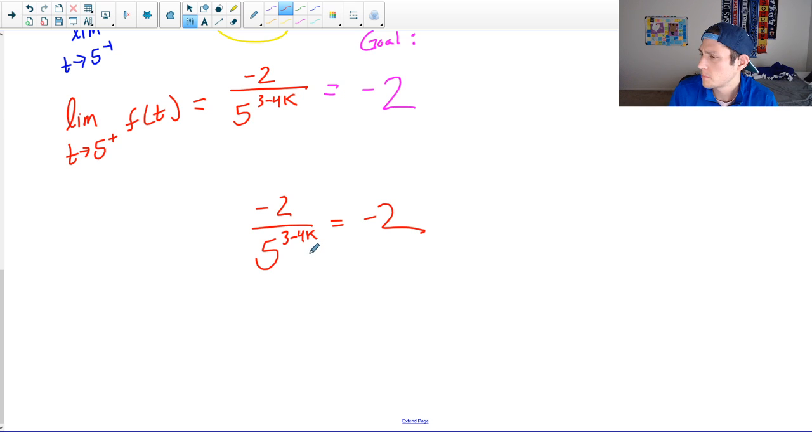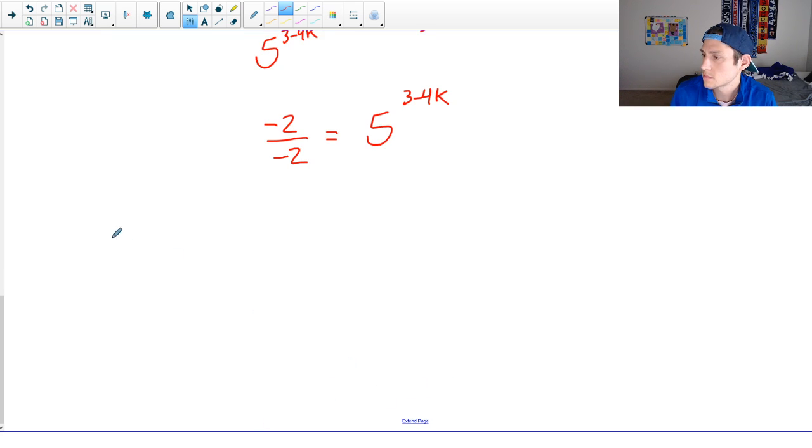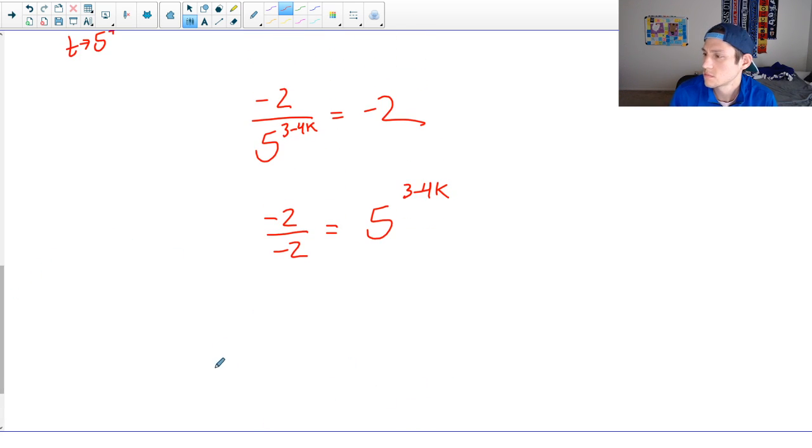I'm going to rearrange here. I'm going to divide both sides by -2, and I'm also going to multiply both sides by this denominator, 5 to the 3 minus 4k. So -2 over -2 would be 1.